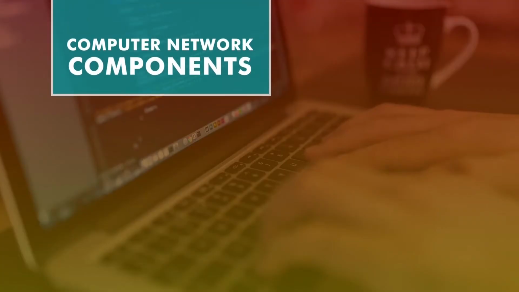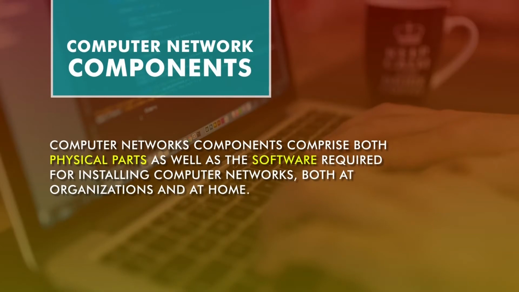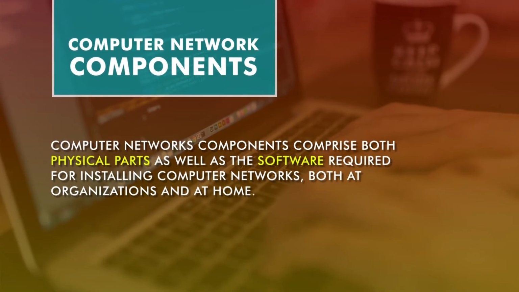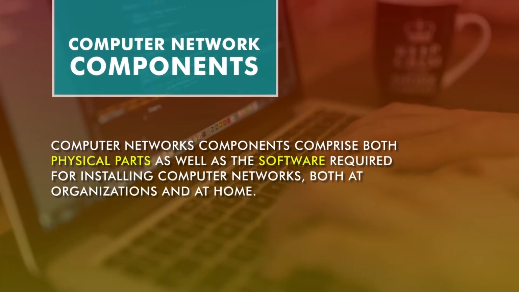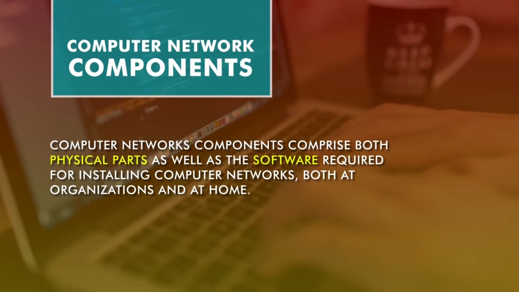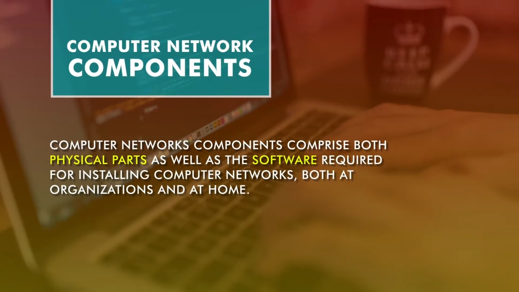So let us see the network components. There are hardware devices, and there are software components attached whenever we focus on computer networks. Computer network components comprise both physical parts as well as the software required for installing computer networks both at organizations and at home.